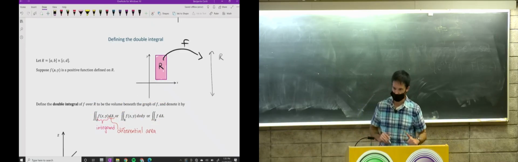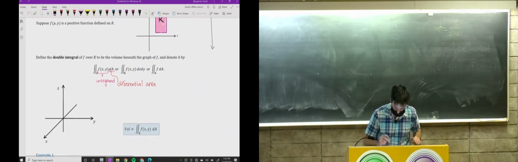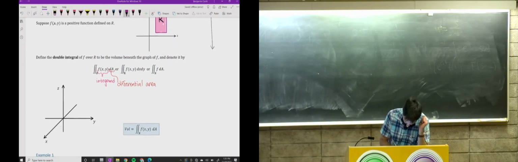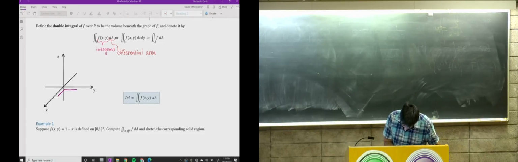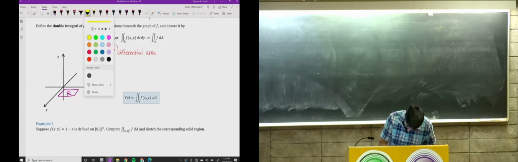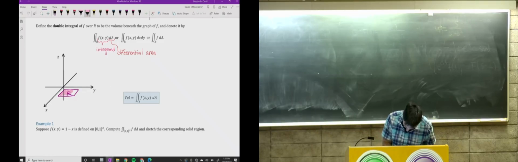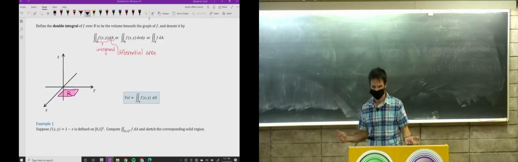Let me try and draw what I'm talking about here. So let's suppose here's my rectangle R. Okay. So this is R. And f is defined on R. So above each point in R, f has some value.